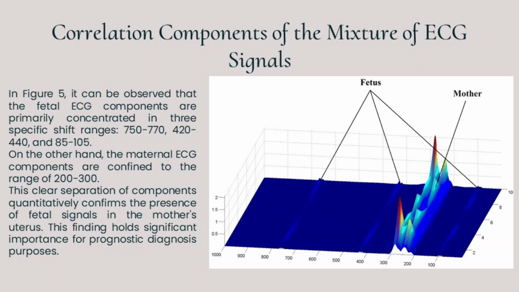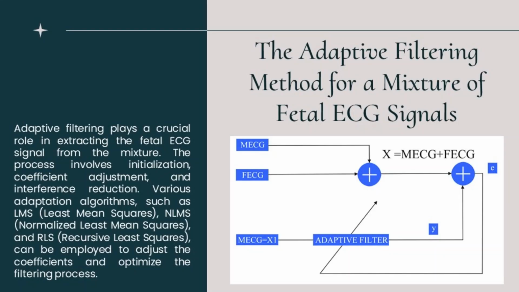prognostic diagnosis. The adaptive filtering method is commonly used to separate the fetal ECG signal from the mixture of ECG signals. This technique employs adaptive algorithms that continuously update filter coefficients to attenuate unwanted components while preserving the fetal ECG signal.